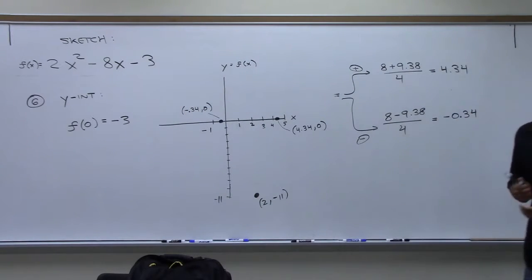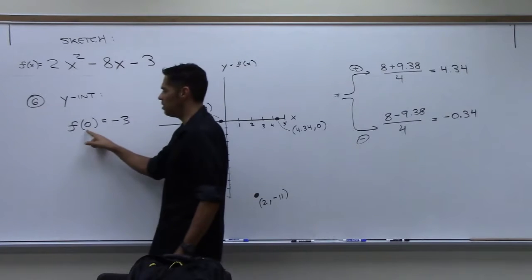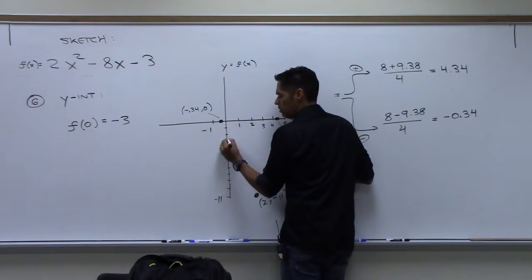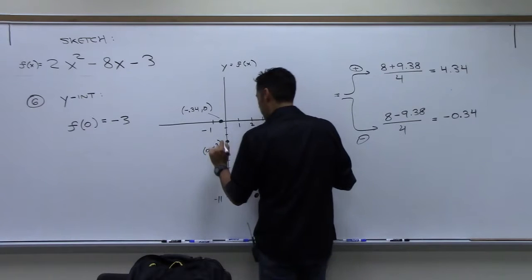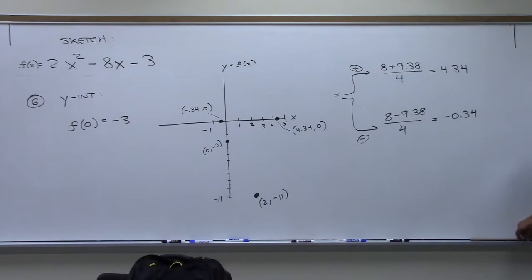Any other information I need to put on the graph? My y-intercept was at 0, -3. So if I go 0, -3, 1, 2, 3 here, that point lives on my graph. I will label that point 0, -3. And now I have all the points, right? That's all the information I have.